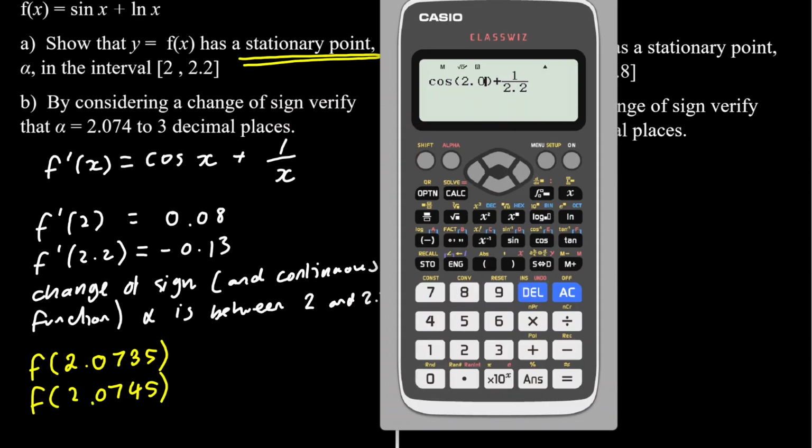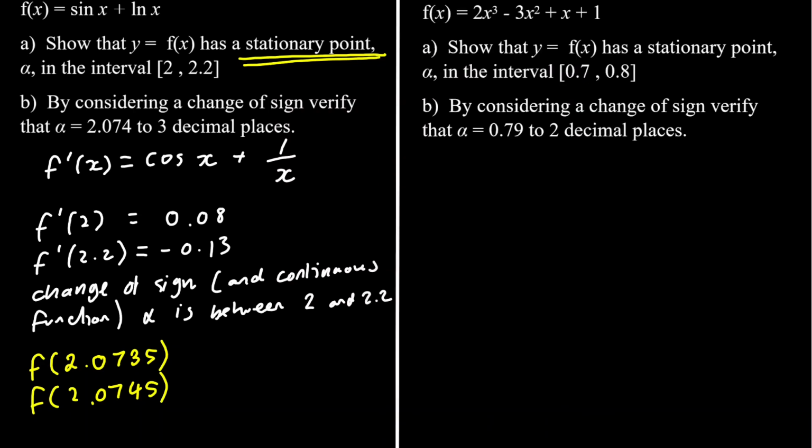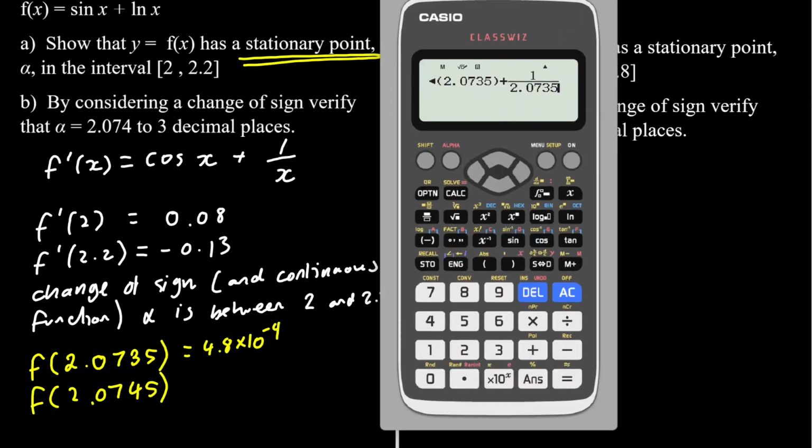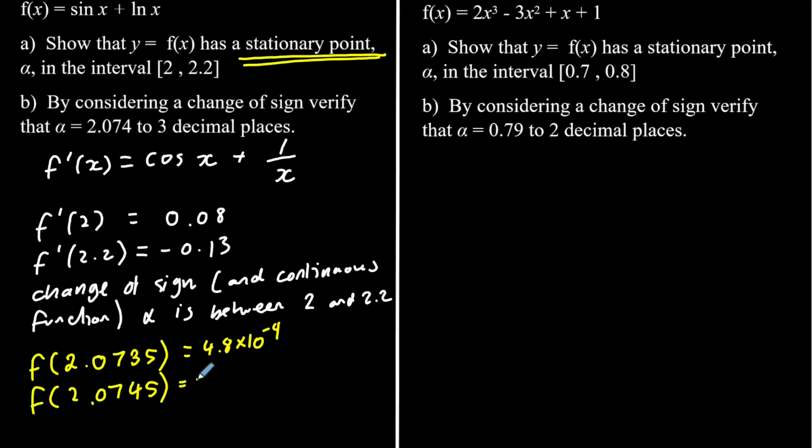So for 2.0735, we get 4.8 times 10 to the power of negative 4. And for the upper bound, we get negative 6.3 times 10 to the power of negative 4.